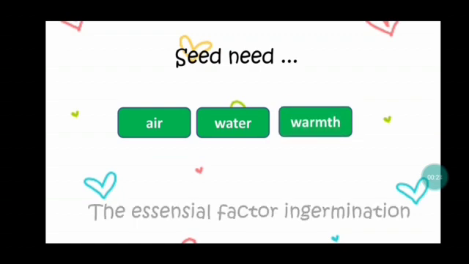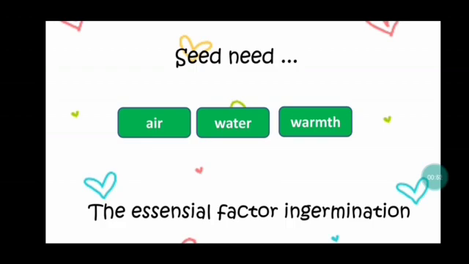So these are three essential factors, yang penting dalam proses germination atau berkecambah. There is no light here, tidak ada cahaya. There is no food here, tidak ada makanan. Why, teacher? Because inside the seed body, the seed has stored food in their cotyledon.